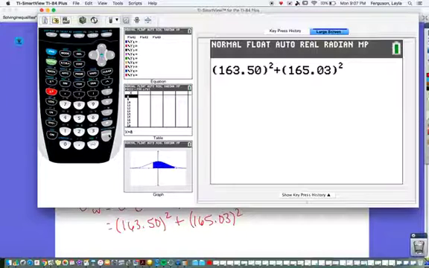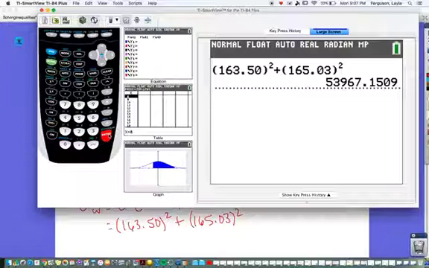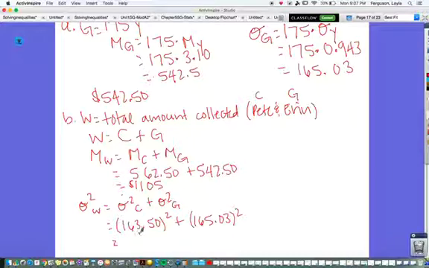Since that took me 10 minutes, you would get 53,967.1509, but because we're talking about money, we would just say 0.15. So the answer for this would be 53,967.15.